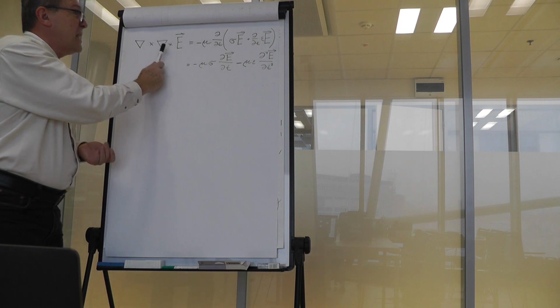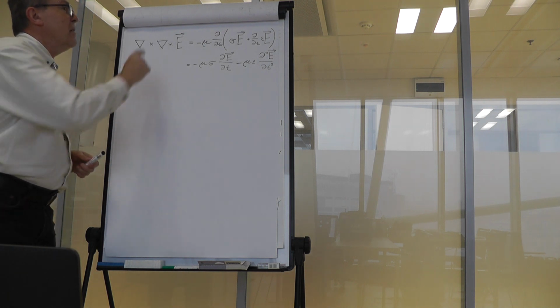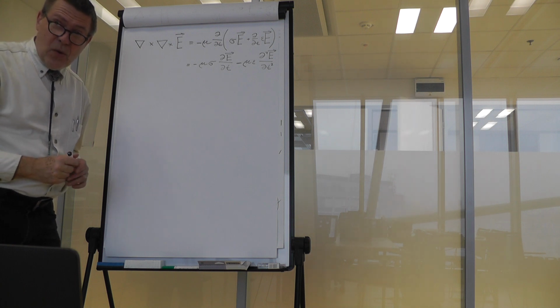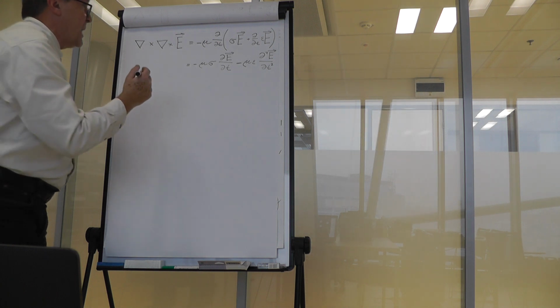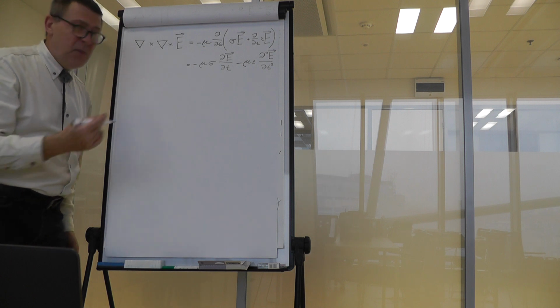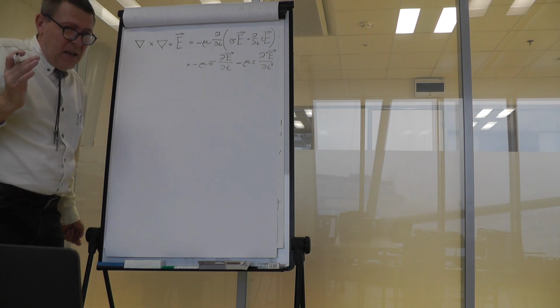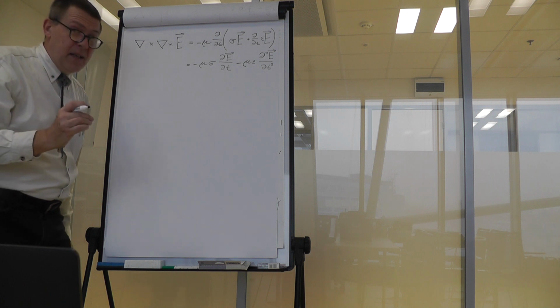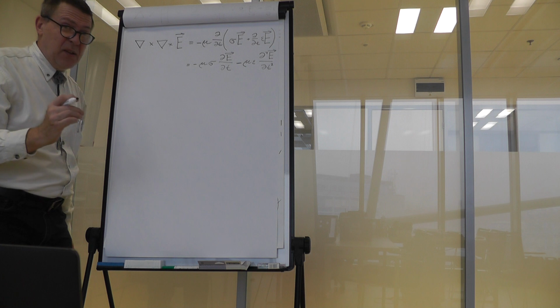Nabla, vector times nabla, vector times a vector simplifies to gradient divergence of the vector, which in a source-free medium is 0, minus Laplace operator applied on that vector.